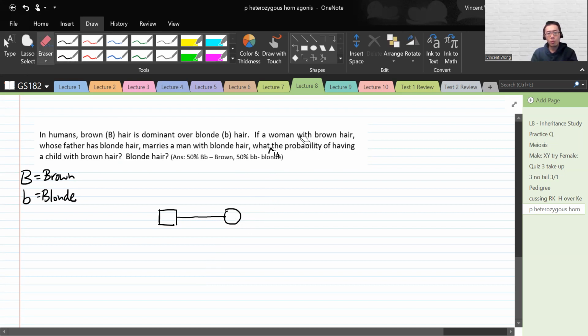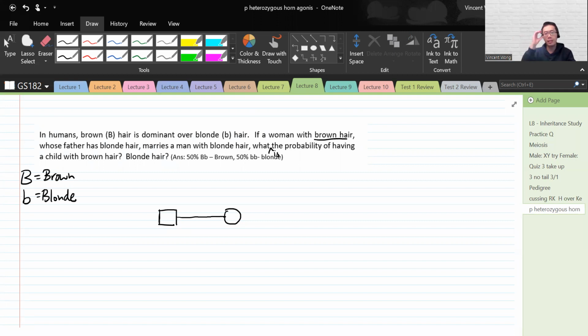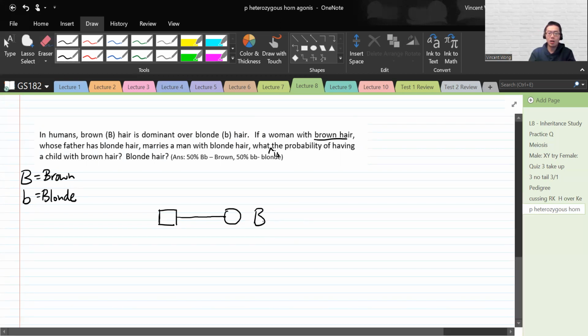So we have a woman with brown hair. Now, if you just say someone has brown hair, we don't know whether it's big B big B, or big B small b. Okay, but we know for sure there is at least one big B. So big B something. But then the question says, her father has blonde hair. So if we go back one generation, this would be her father and her mother. We don't know anything about her mother, but we know her father has blonde hair.